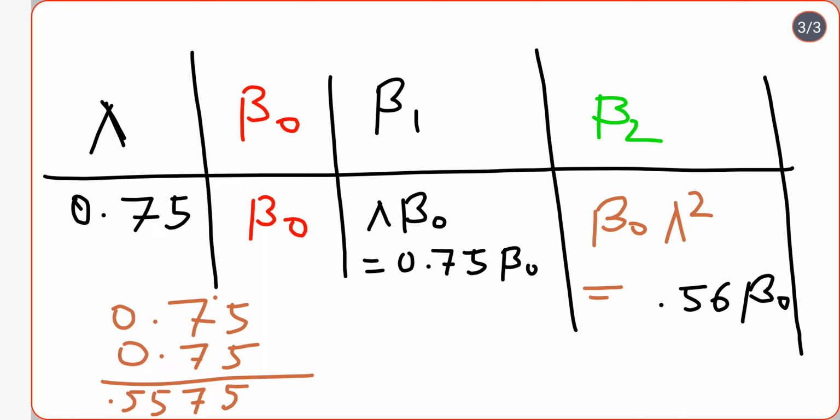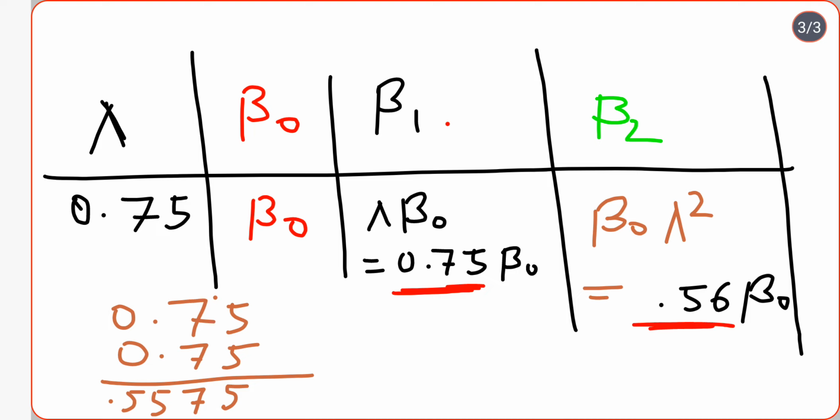At first 0.75 was multiplied with beta 0, so this value is greater. In case of beta 1 it is 0.75 into beta 0, in case of beta 2 it is 0.56 into beta 0, right?